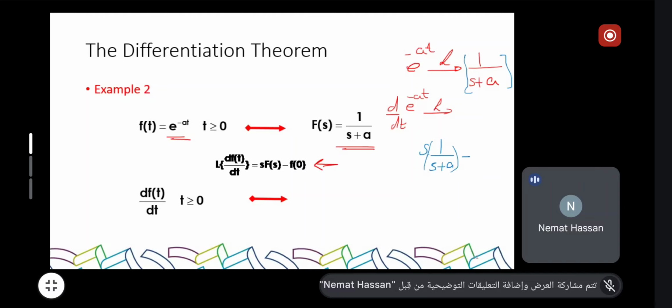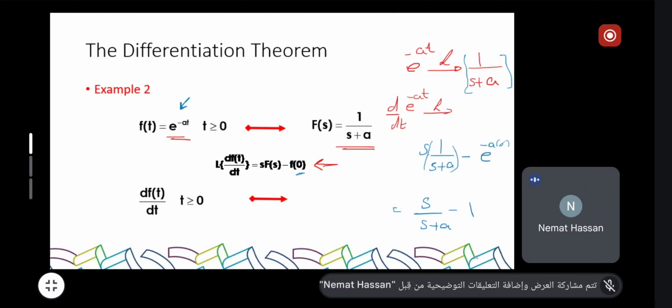Minus f of 0. So f of 0 means I'm going to go to this function and substitute for t equals 0. So minus e power minus a 0, which is equal to what? Which is equal to s over s plus a minus 1.